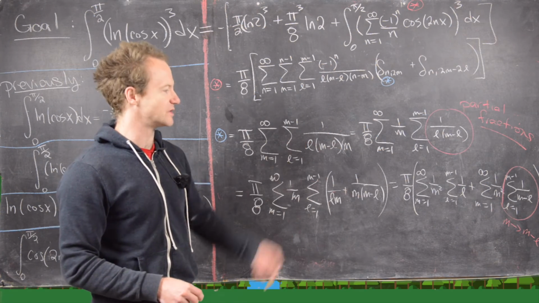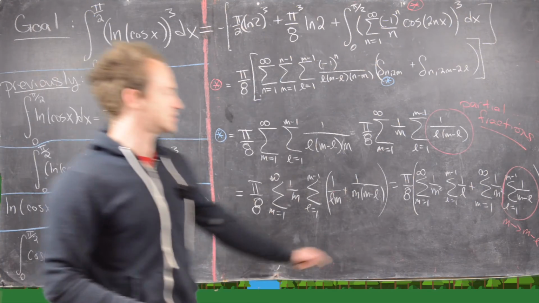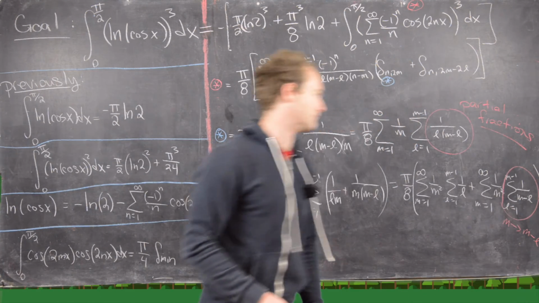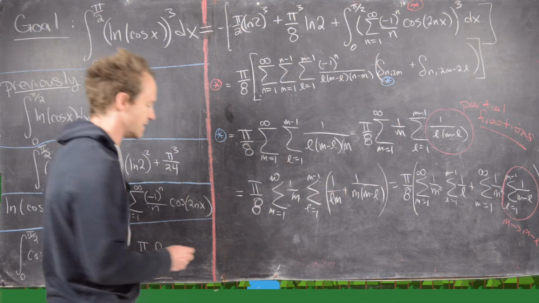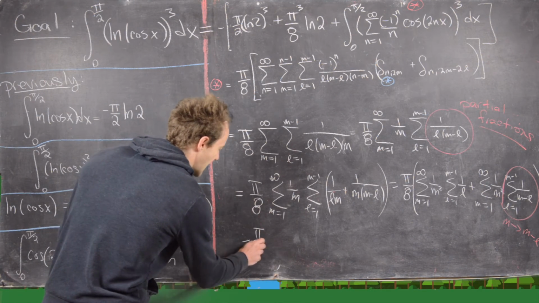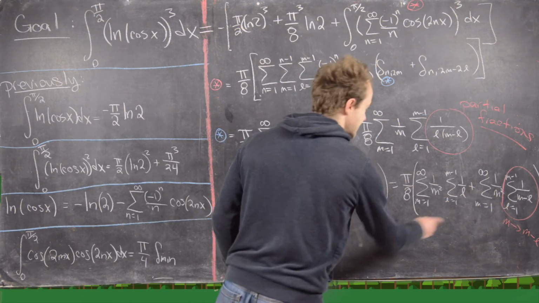So really what we're doing here is just reversing the order of summation. Okay, so this is going to give us pi over 8 times the sum.